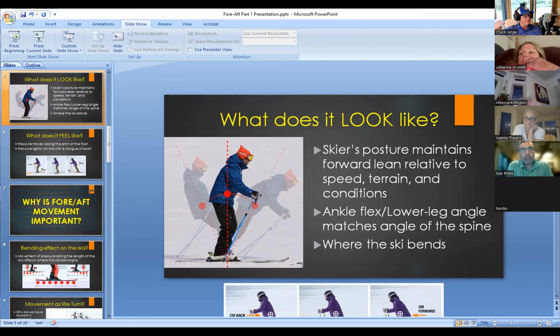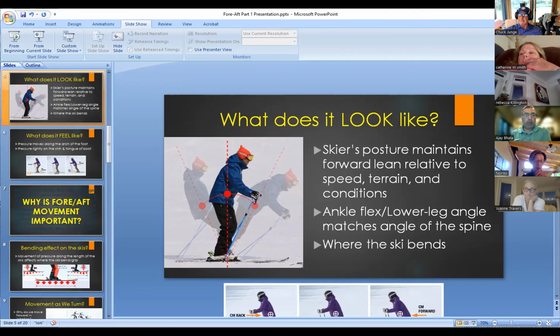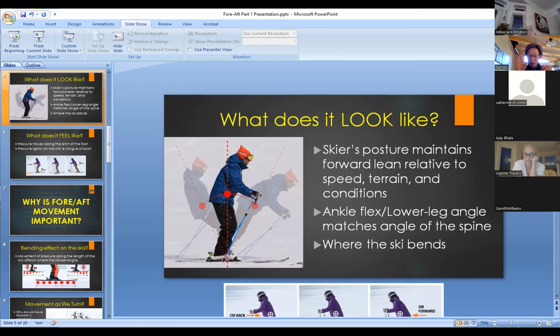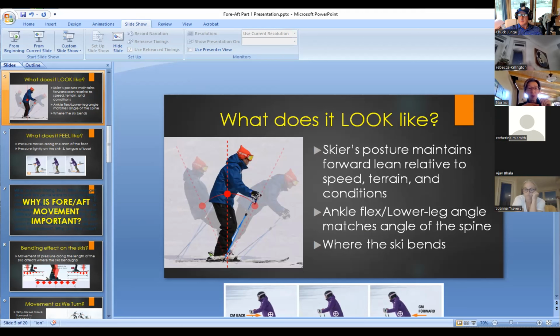Rico, do you do anything interesting? You know, after I think it's Catherine or Rebecca talking about how people feel it in the boot drill, I was thinking, when you lean back, you don't feel secure, right? And then when you get the ankle flexed and you feel the snow or the ground underneath you, it feels secure, right?